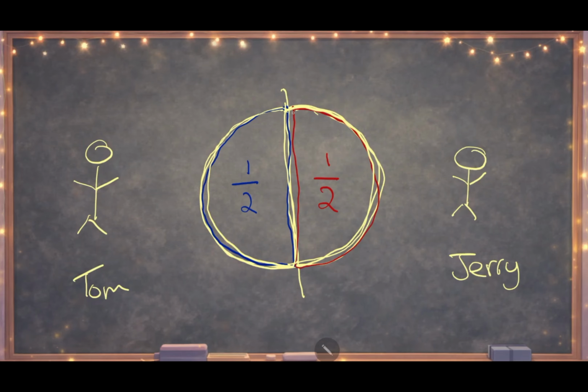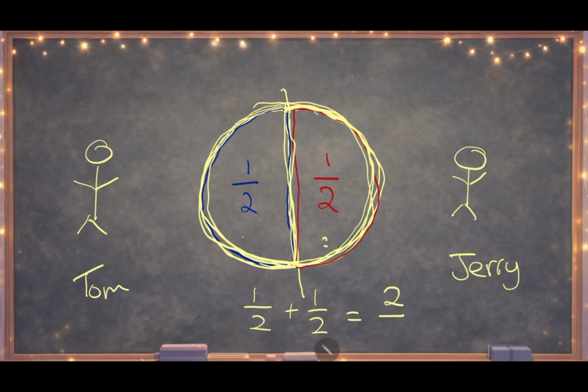If we put what Jerry has eaten together with what Tom has eaten, it will make 1 whole pie. So 1 of the halves plus the other half is going to make 2 of the halves. And here also you can see that the numerator equals the denominator, making 1 whole pie.